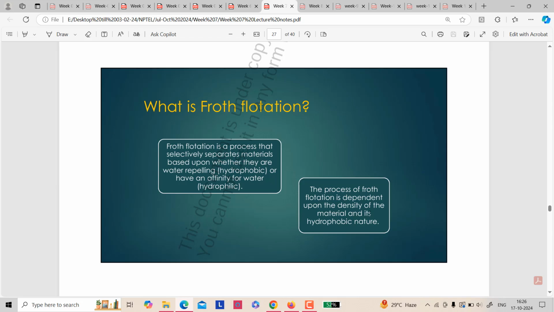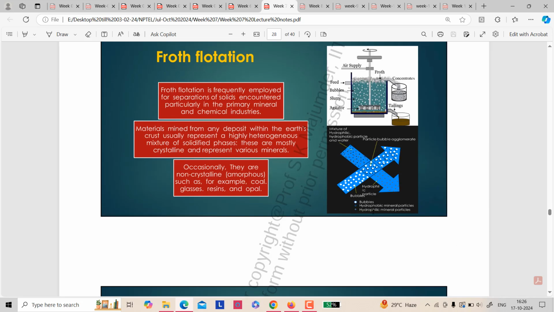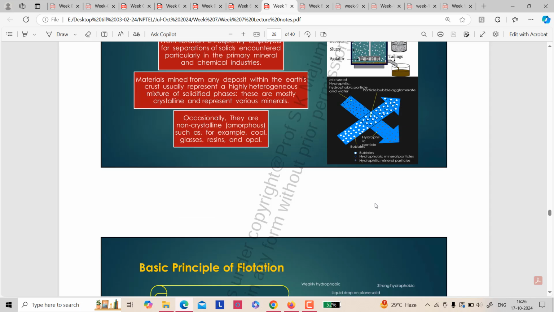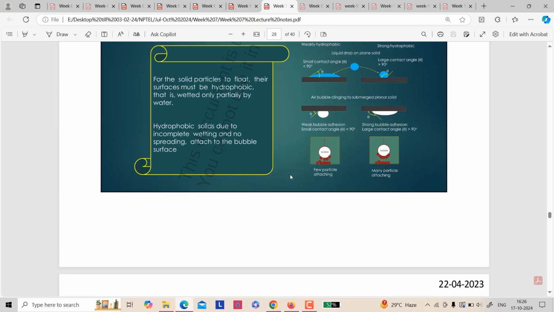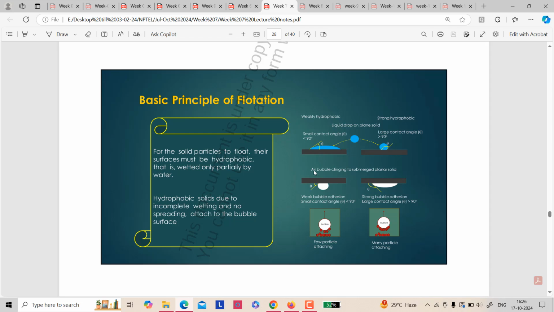This is the basic principle of froth flotation. Particles will adhere to the gas bubble, and the gas bubble will try to come out of the mixture, and along with the bubble, these particles which are adsorbed at the surface of the gas bubble will also come out.